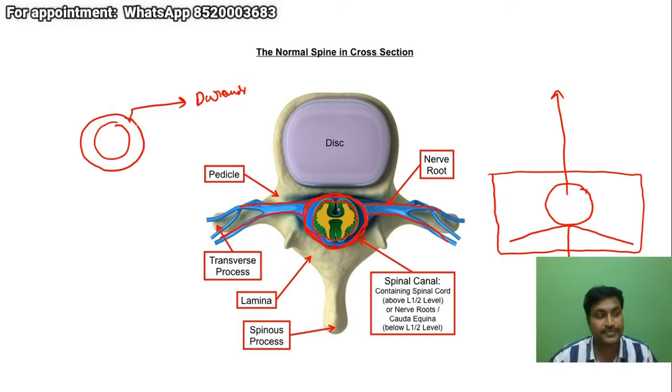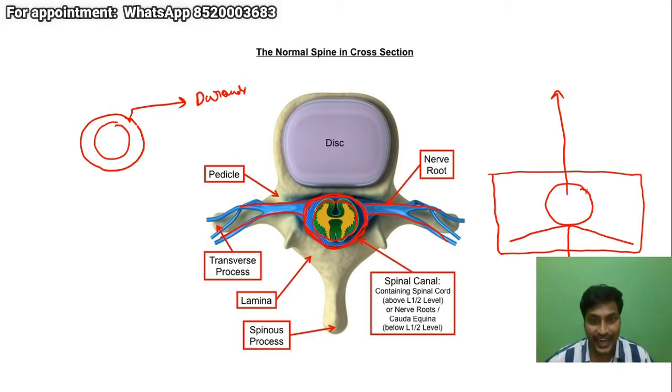Can anyone tell me where does the spinal cord end? Where does the spinal cord end? Yes, spinal cord ends at the level of L1.